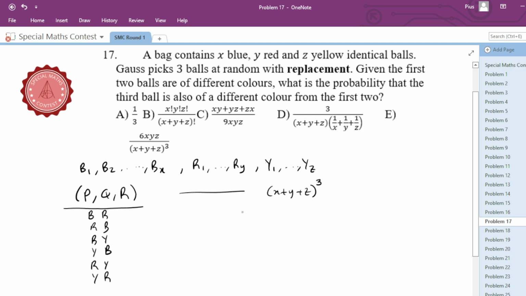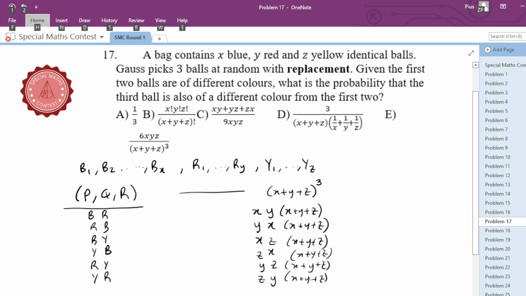For the first one, blue we have X of them, times, since they are independent, we just multiply, for Q, red, that's Y of them, then for R it could be any of them, so we have X plus Y plus Z as well. Then we repeat the same procedure for the remaining ones and add this up.